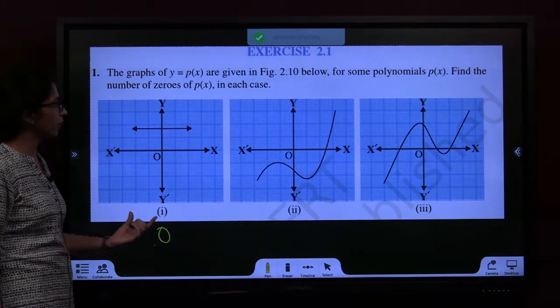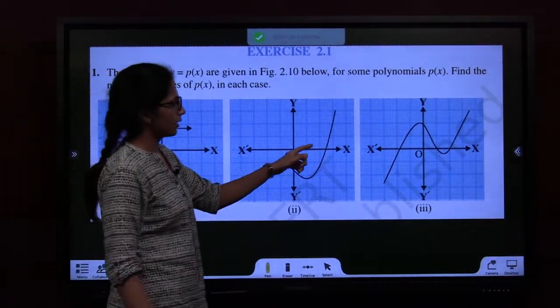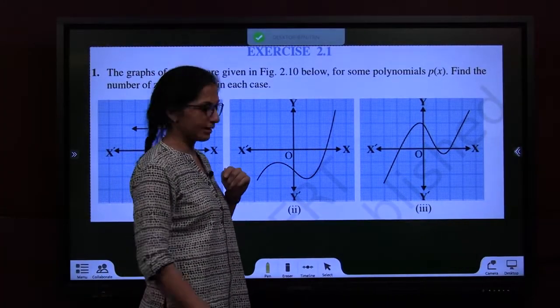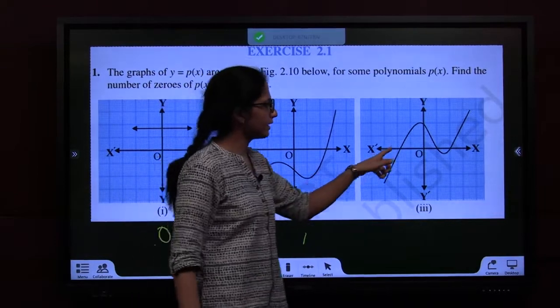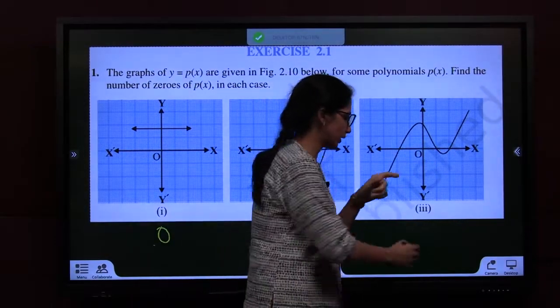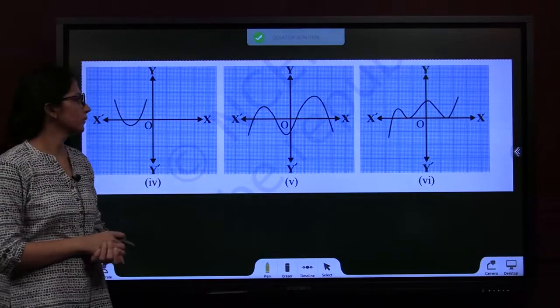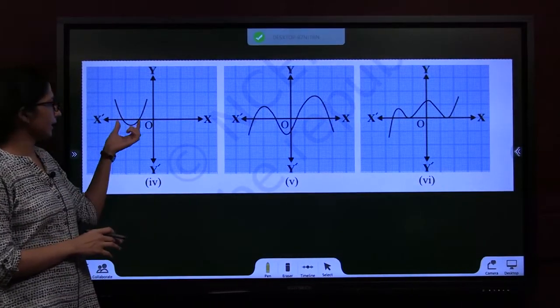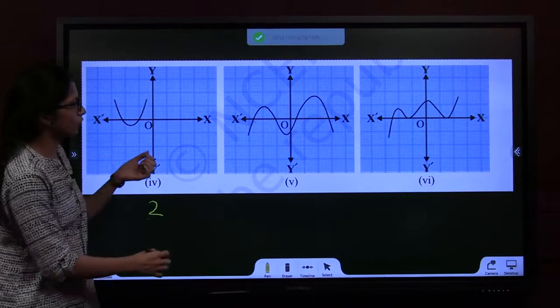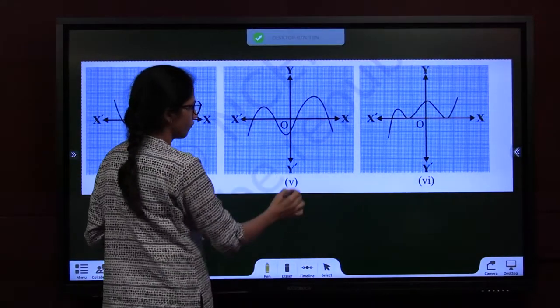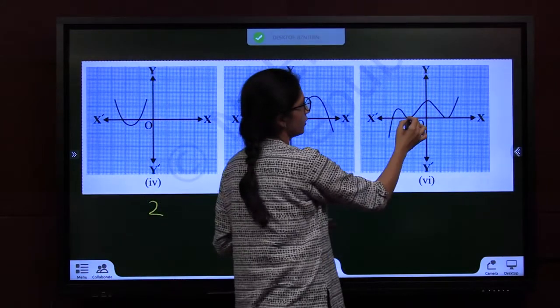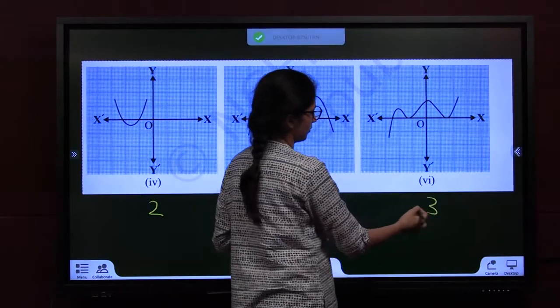The number of zeros is 0. Here, it's intersecting the x-axis at 1 point, so 1. It is intersecting the x-axis 1, 2, 3. 3. So now it's intersecting here at 2 points, so number of zeros 2. 1, 2, 3, 4. 4. 1, 2, 3. 3.